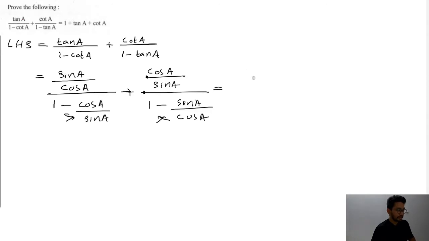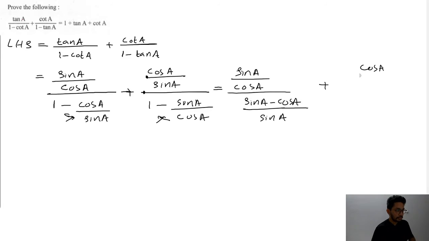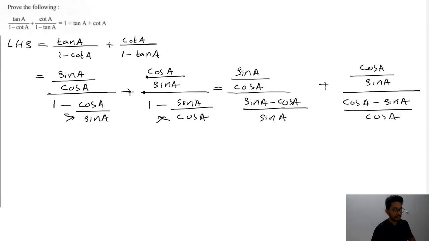It will look something like this: sine A divided by cos A, whole divided by sine A minus cos A, plus cos A divided by sine A, whole divided by cos A minus sine A. We will just take the reciprocal, changing the division into multiplication.